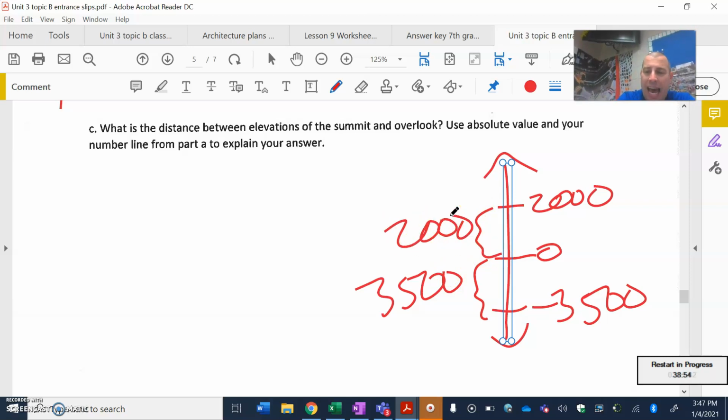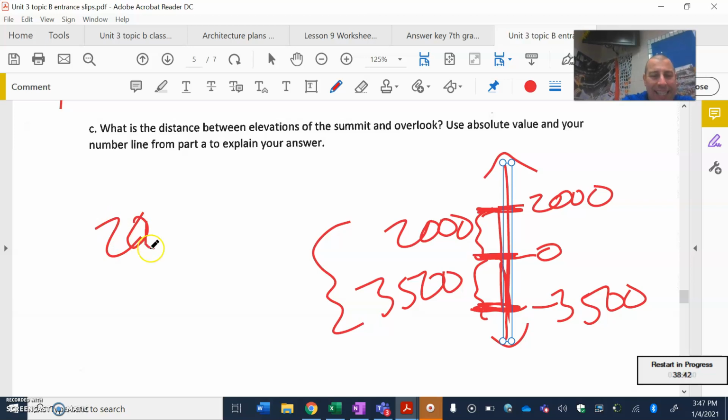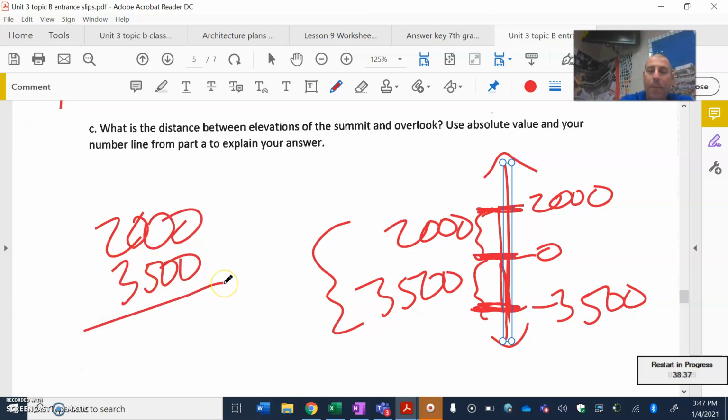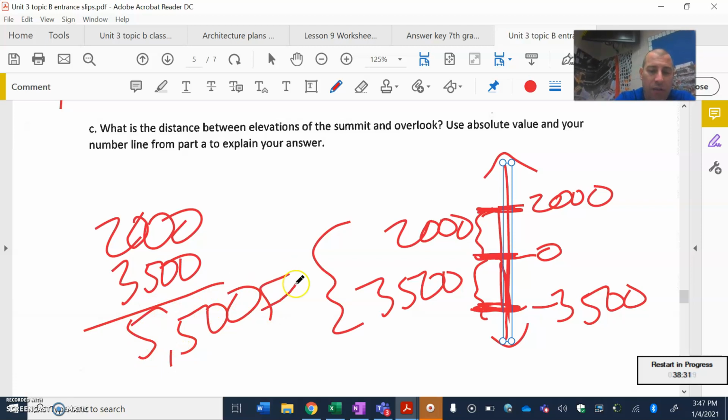From here to here is 2,000, and from here to here is 3,500. We want to know the total distance, so to figure that out, we would add it together. Now, I know that's a negative amount, but when we talk about the distance traveled, it is 3,500 feet. So the total is 5,500 feet.